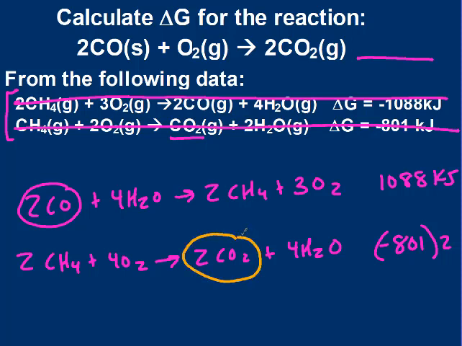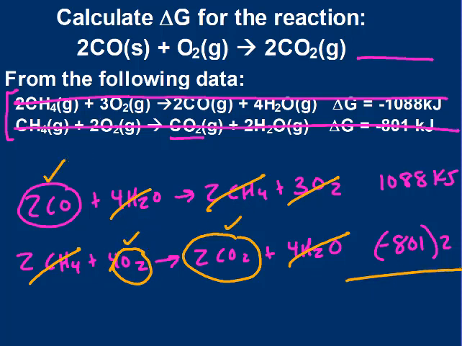So I've got my CO2, my waters cancel out, my CH4s cancel out. I have oxygen on both sides, so the smaller one goes away. This turns into a 1. So I've got all of my pieces, so I'm just going to add those up. Adding that up, I get negative 514 kilojoules.